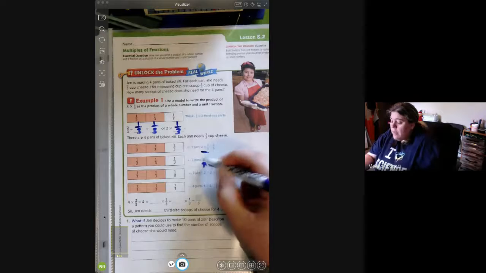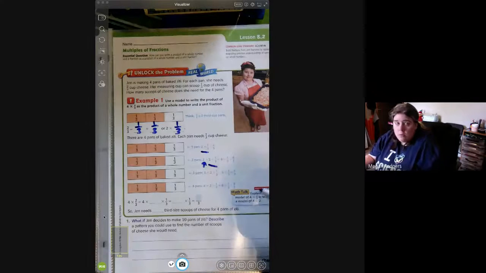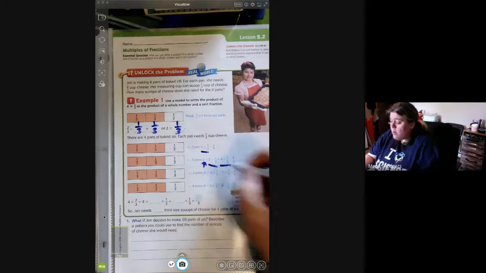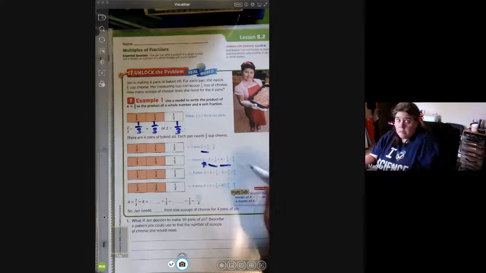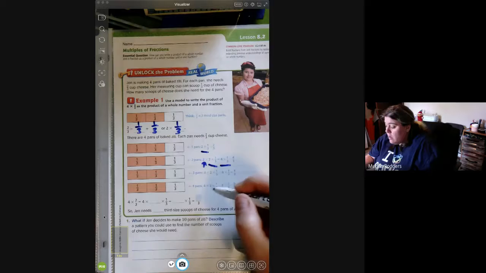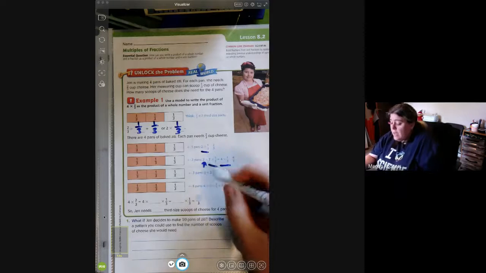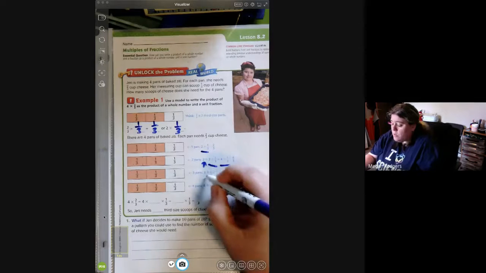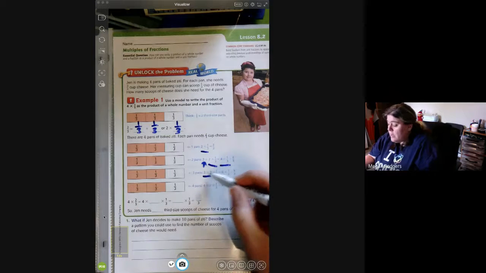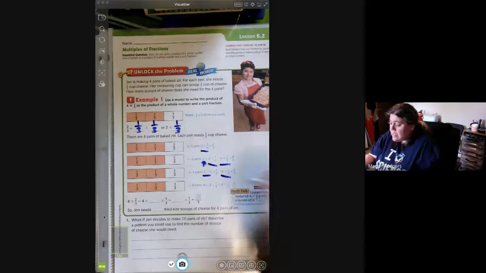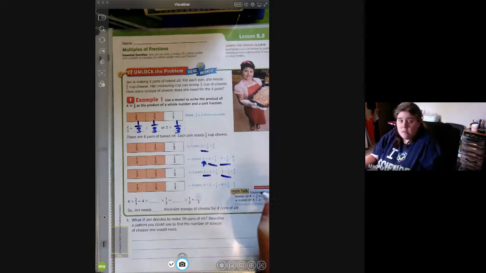So if I multiply my whole numbers first, I get 4 times 1/3, which is 4/3, just like last week. All right, so if we add another pan, so now instead of 2 times 2, we have 3 times 2. So 3 times 2 is 6, so 6 times 1/3 gives us 6/3.